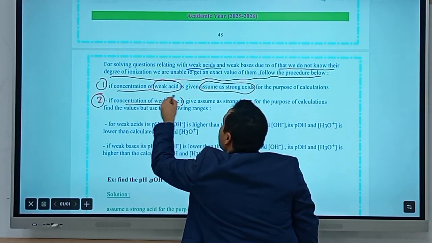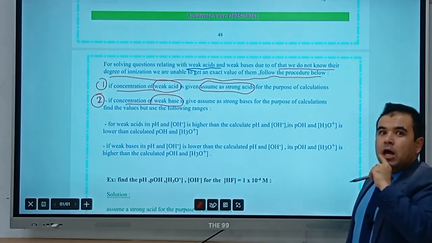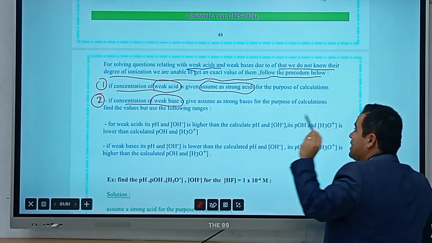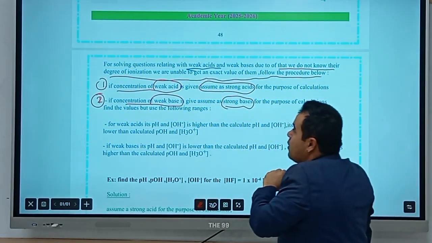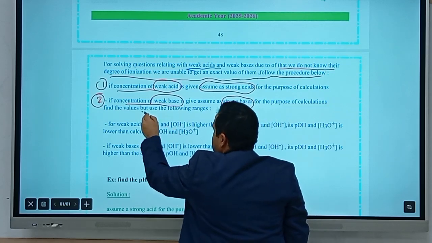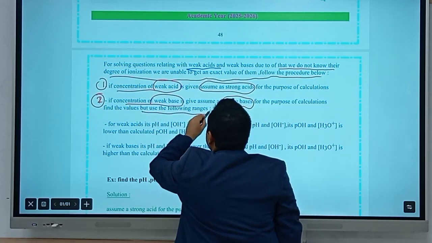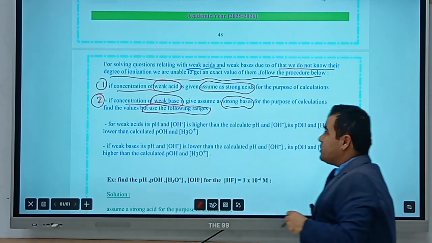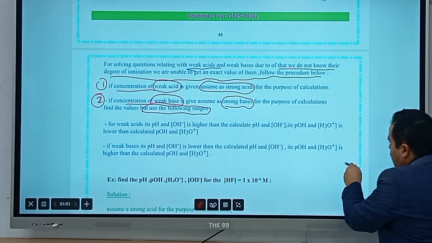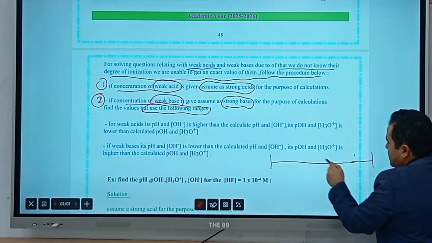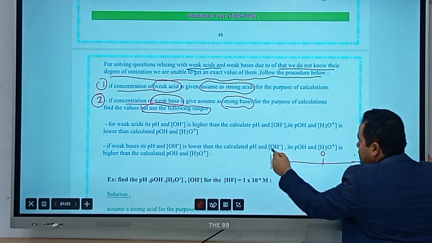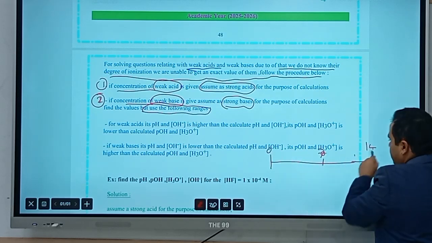If the concentration of a weak base is given, we assume it is a strong base for the purpose of calculation. Find the values by using the following ranges. Guys, let me show you for the weak acids and the weak bases as well. 0, 7, 14.